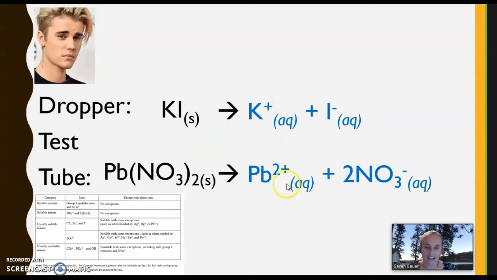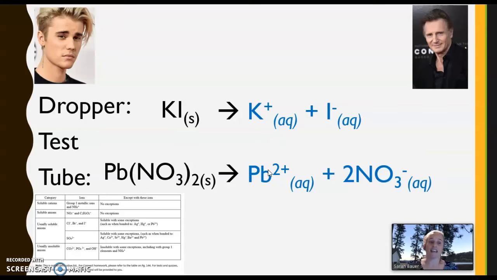And this here, this lead 2+ ion, this lead ion, is Liam Neeson, right? And if I am at a party dancing with water and Justin Bieber and ignoring Kate because I hate her, and Liam Neeson shows up, am I going to want to dance with anyone else anymore?